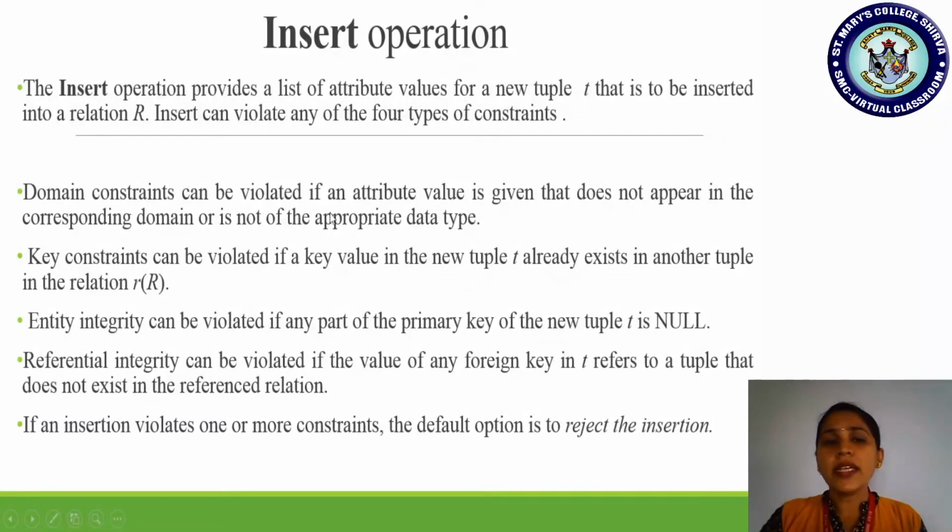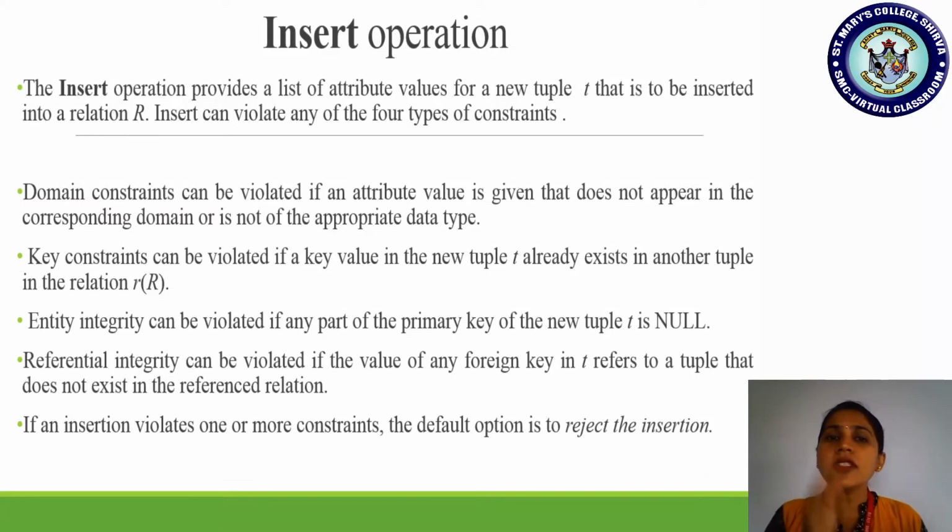Okay, so domain constraint means, for example, I just now told you the employee has 8 attributes and we have to enter 8 values for those attributes only. If you are entering 9 attribute values, which is that 9th attribute? So the domain constraint is violated. Understood? So 8 attributes means 8 values have to be given and they are to be in order.